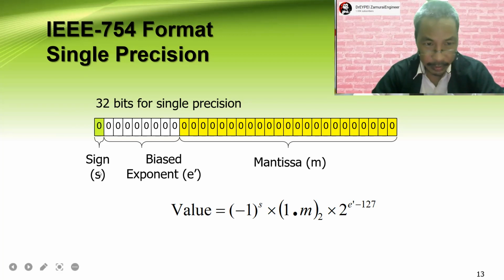The first digit is the sign. The next how many digits? 8 digits. The next 8 digits is what we call the biased exponent. Okay, it is not just exponent, but it is biased exponent. So the rest of the digits are called mantissa. So this is the format of the 32-bit computer.